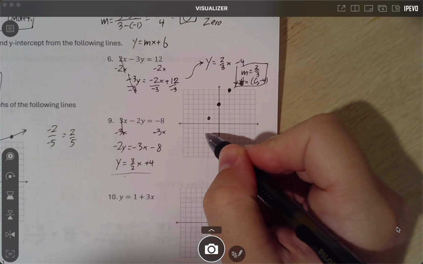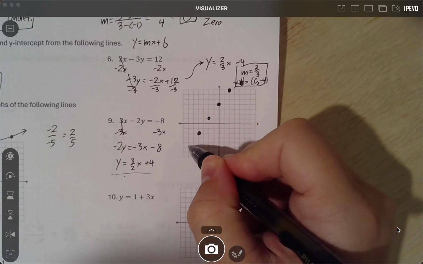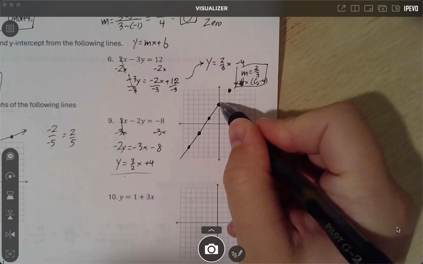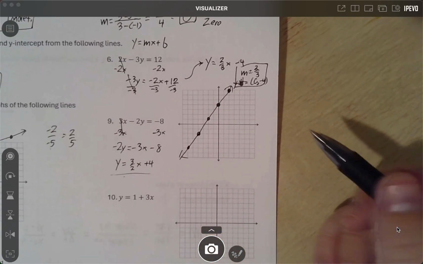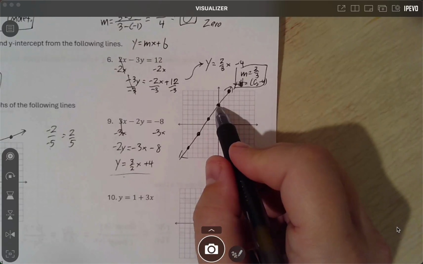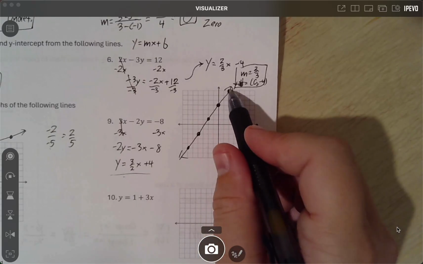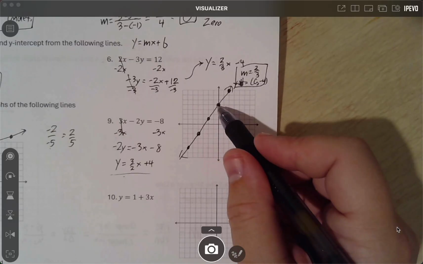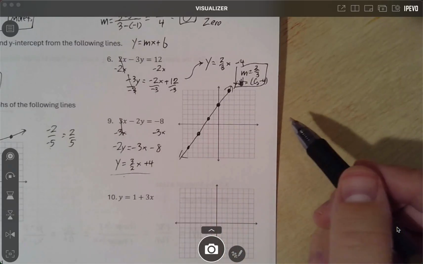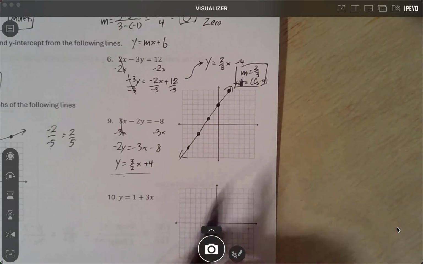Down 3, left 2, and down 3, left 2. Again, as long as you find any two of those, you're good to go. But I would probably just plot my point here and then go up 3, right 2, and call it a day. But just remember, if you can go up and right, you could also go down and left because it becomes the same trend over time.